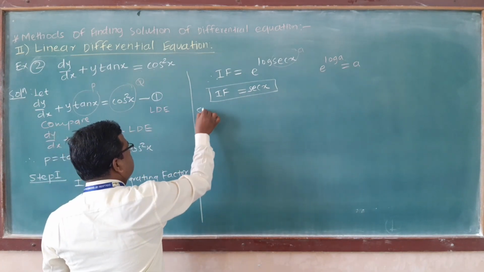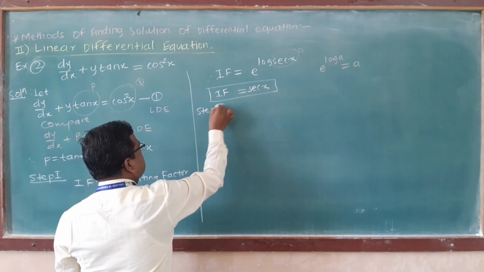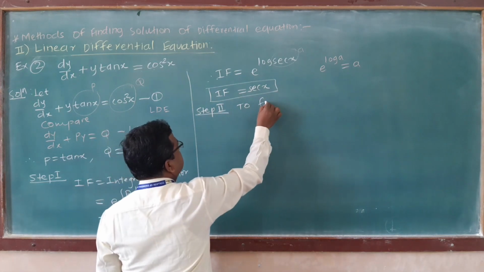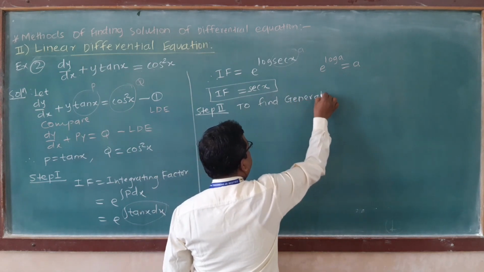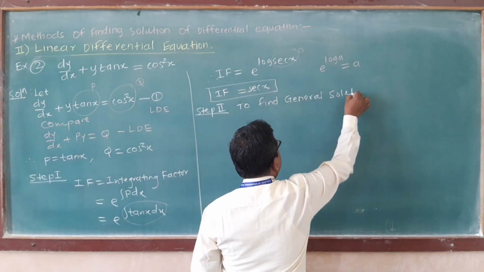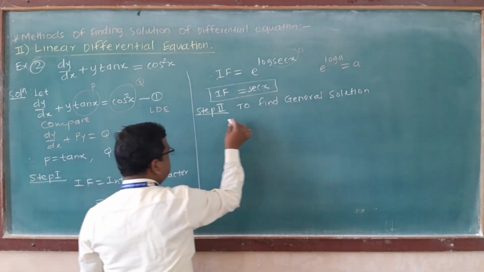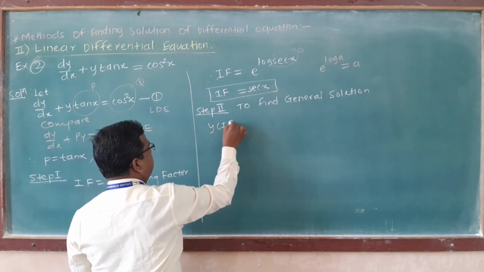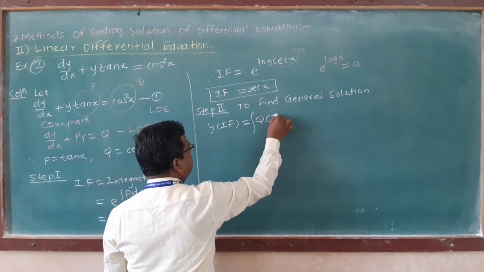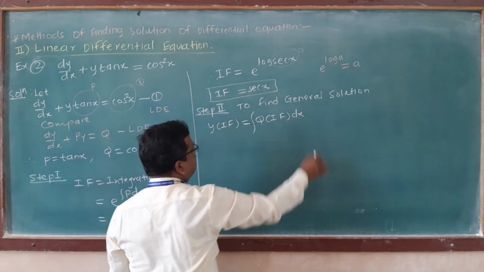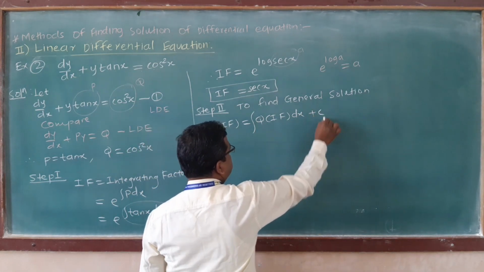Now step 2, to find the general solution. What is the formula to find the general solution? This is y into IF is equal to integration of Q into IF with respect to x plus c.